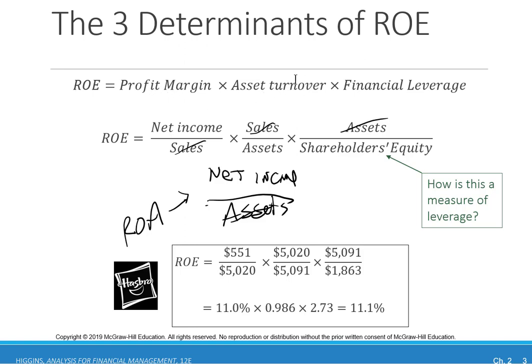You can run your company more efficiently, use the assets better, or you can find ways to finance utilizing debt. So those are the three tools, and we're going to talk about those as we go through some other videos here. But those are three questions that we can answer about how we can increase return on equity for the company.